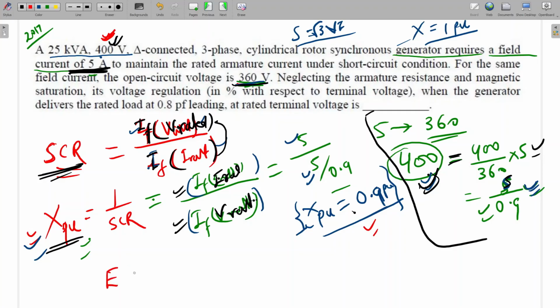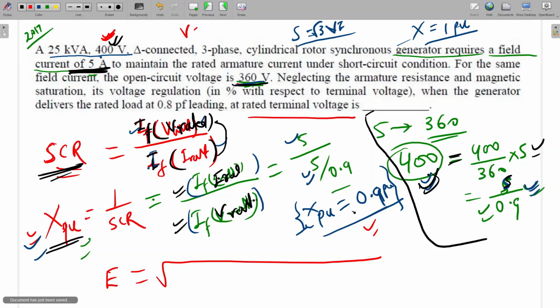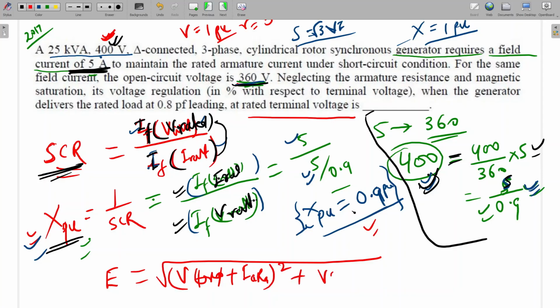So what will be the E value? The same formula we can write. E is equal to the square root of (V cos phi plus IA RA) whole square plus (V sin phi) minus IA X whole square, with V as rated terminal voltage, so V will be 1 pu. Resistance is 0, so RA will be 0, and this is a synchronous generator. And this will be leading, so it will be minus.